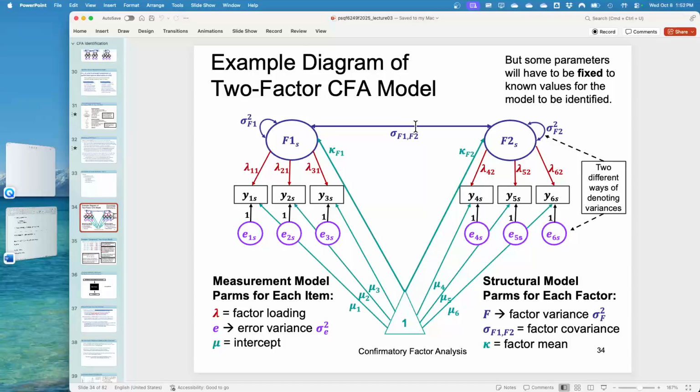For the study you're doing for work, it would probably be a good idea to have one latent construct for A, one for B, and then have a covariance in your model as opposed to the single factor that is described. Can you point on this diagram to one covariance we can add? Yeah, right here. Any type of covariance between the items, you can do it, and people do that.